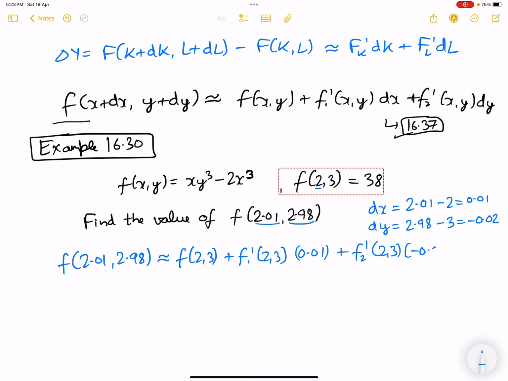So minus 0.02, right? So this is 38 plus.